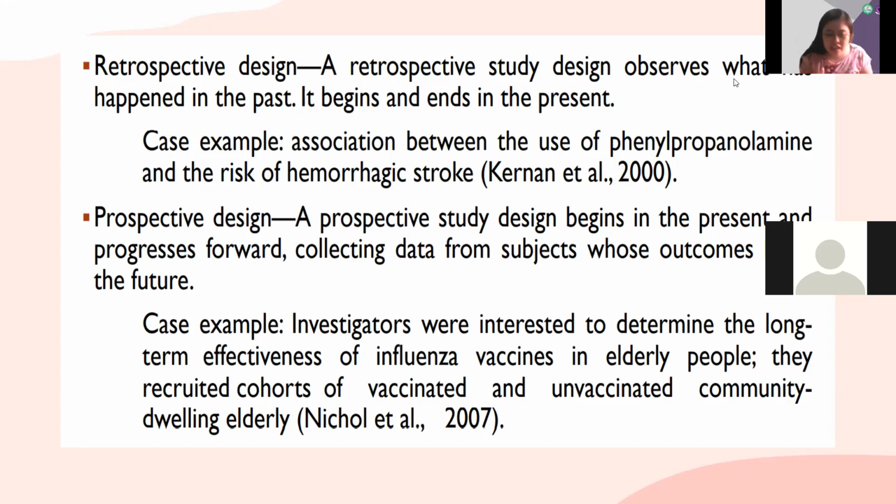Now, mag-study ka at the present, pangitaon nimo sa past, kinsa tong nagkaroon og hemorrhagic stroke, og naa ba siyay association sa paggamit nila ani nga chemical substance, the phenylpropanolamine. It's actually a drug. Brand name, Disudrin, kanang mga ingana nga mga drugs. So kung gusto nimo balikan to siya, nagkaroon na sila hemorrhagic stroke.